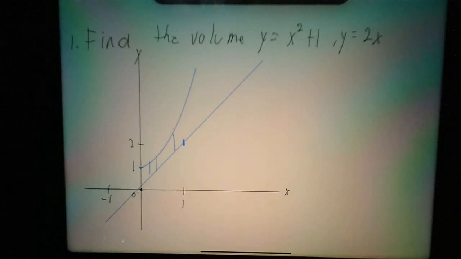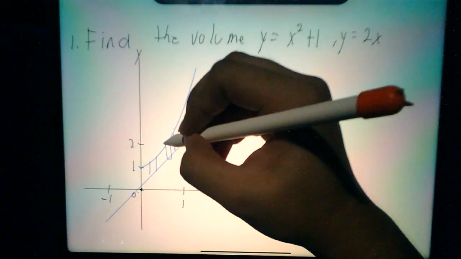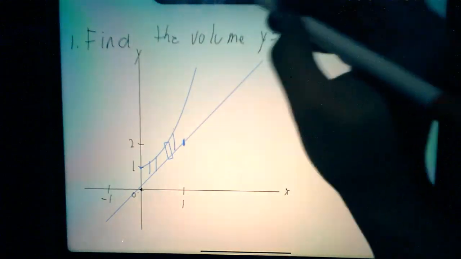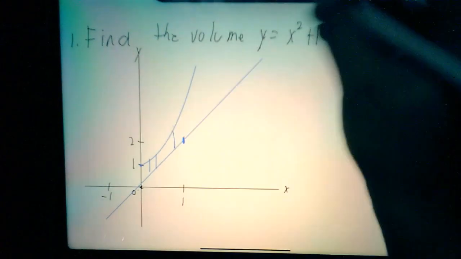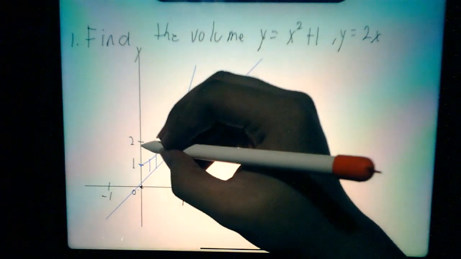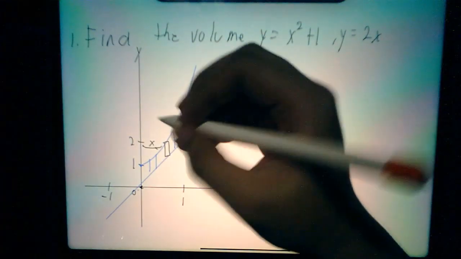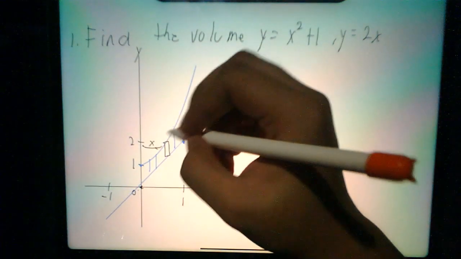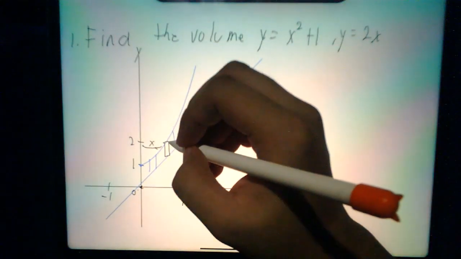Now, by creating a vertical strip, this is our vertical strip, and this is just equal to x here.